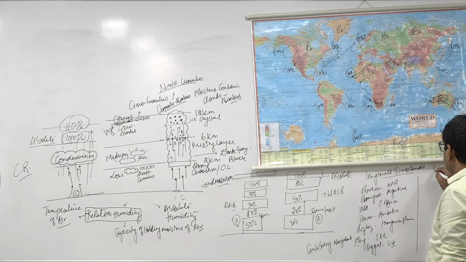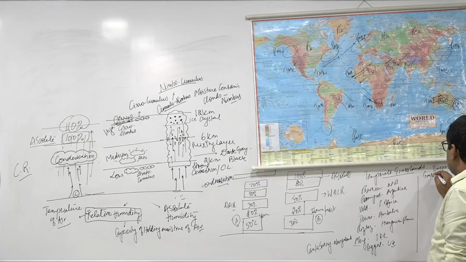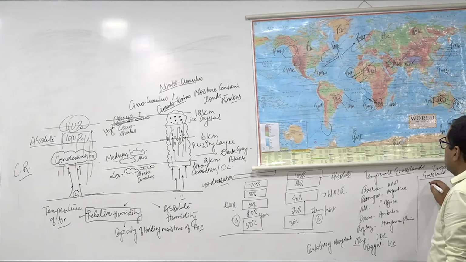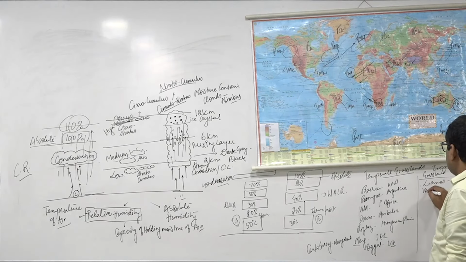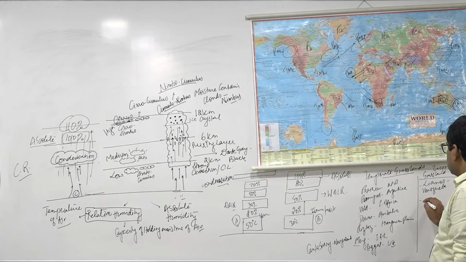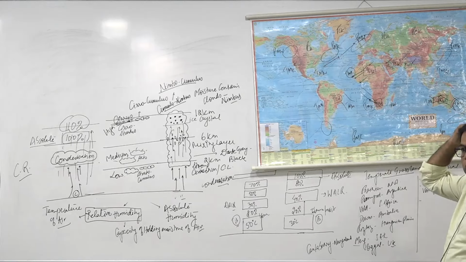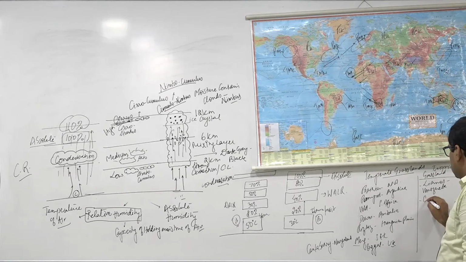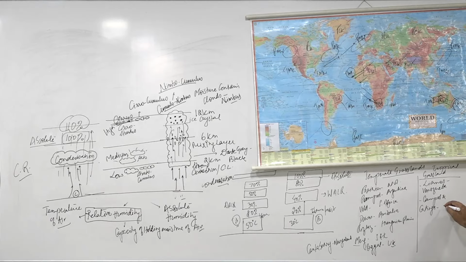Tropical grasslands. This is called Llanos in Venezuela. This is called Campos and Caatinga in Brazil.